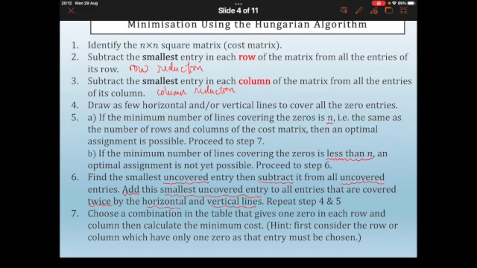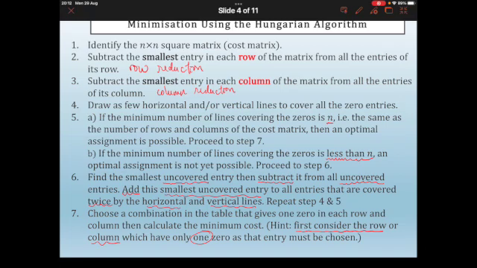And then if everything goes well, you can go to step 7, choose. Then you can choose a combination in the table that gives one 0 in each row and column. Then you can calculate the minimum cost. Now, when you're doing step 7, the hint is to first consider the row or column which has only one 0, as that entry must be chosen.